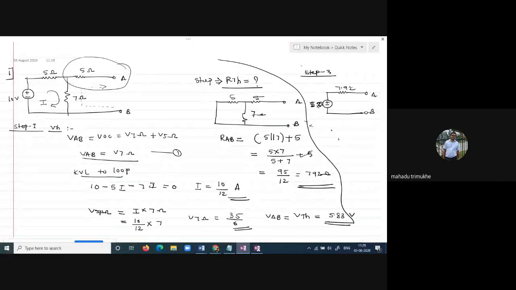That is our aim: to obtain the Thevenin equivalent circuit, with VTH value 5.83 and RTH value 7.92.